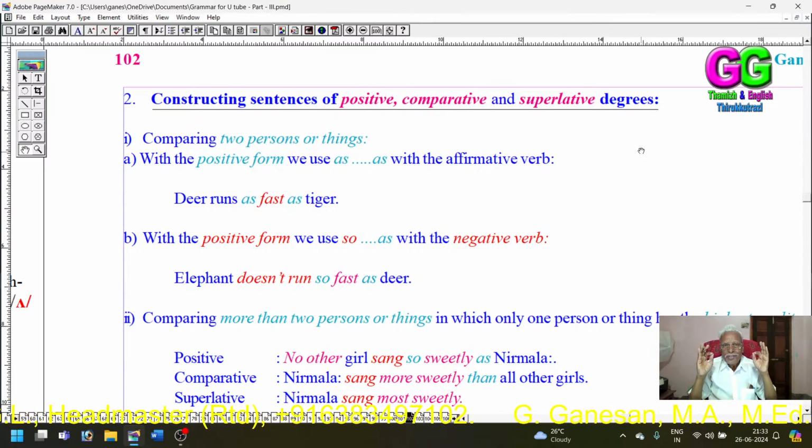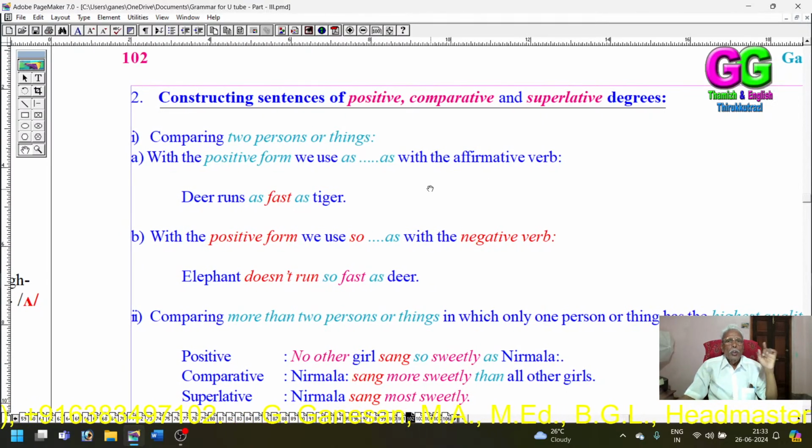What are the scales we have to use? See, first, let us see. To compare two persons or things or animals having the same quality.